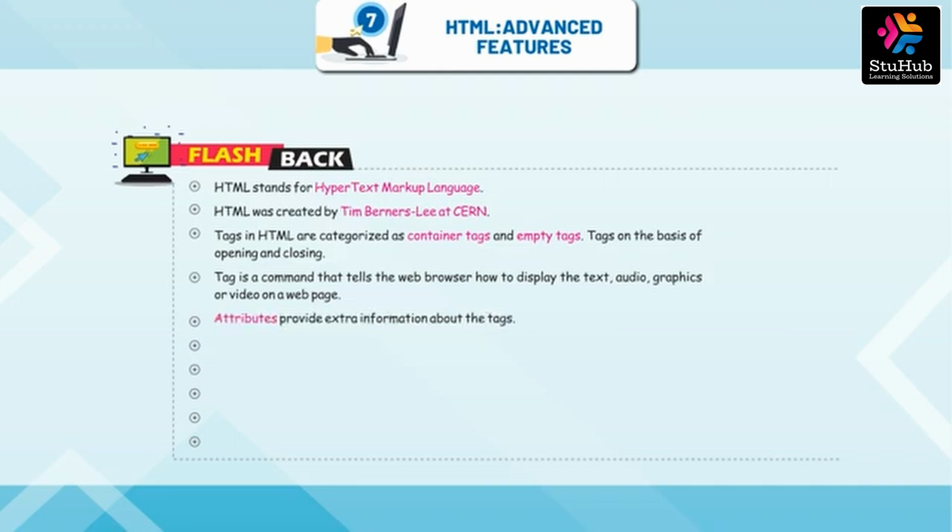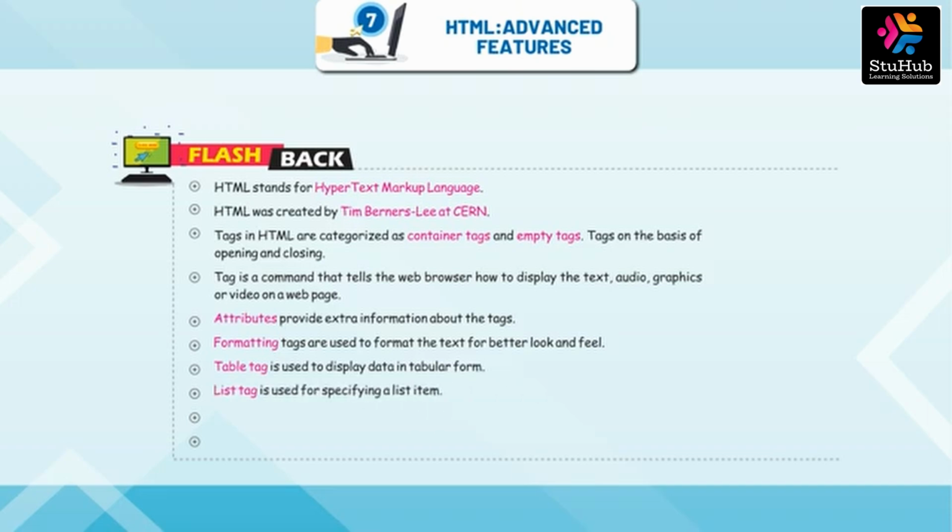Attributes provide extra information about the tags. Formatting tags are used to format the text for a better look and feel. The table tag is used to display data in tabular form. The list tag is used for specifying a list item. Frames help us to divide the window of the browser into multiple rectangular regions. Forms are used to input the values.